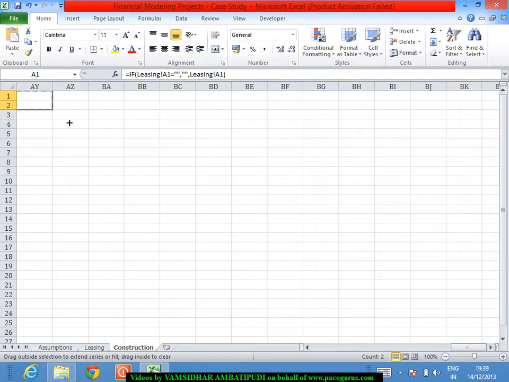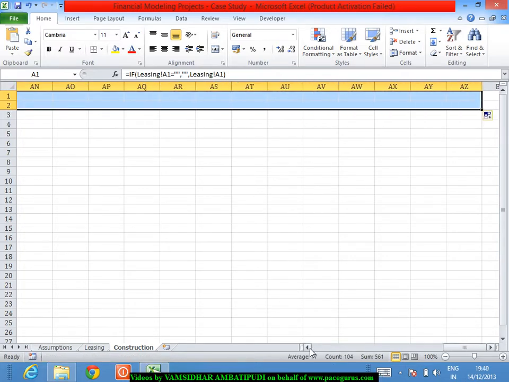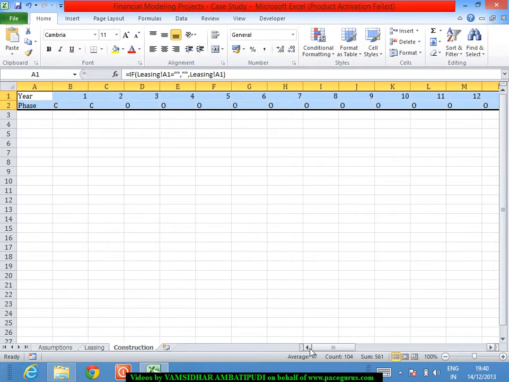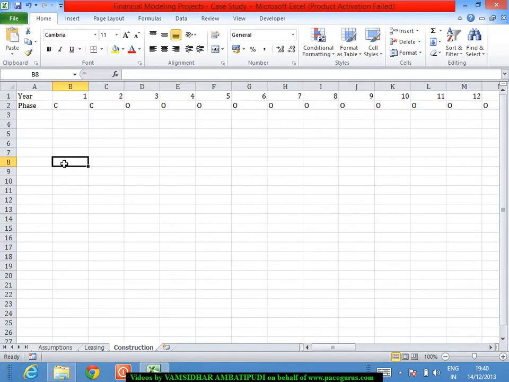We have to visualize the problem right in the beginning itself. So what we are able to see here is, yes, this is talking about only up to 33 years. The first 2 years are the construction period. So whatever the construction related costs that are going to come up, it would be in this particular area.